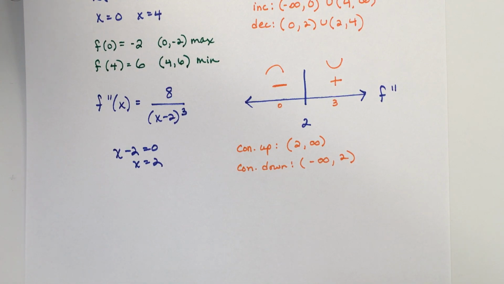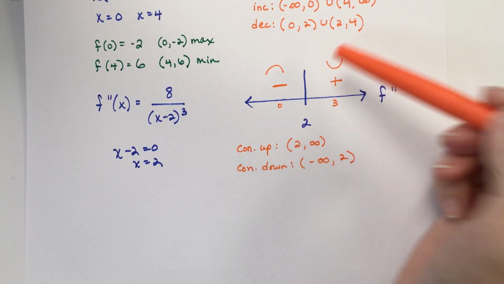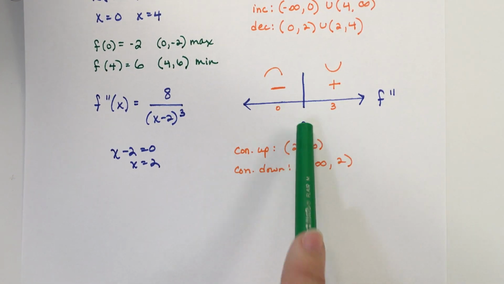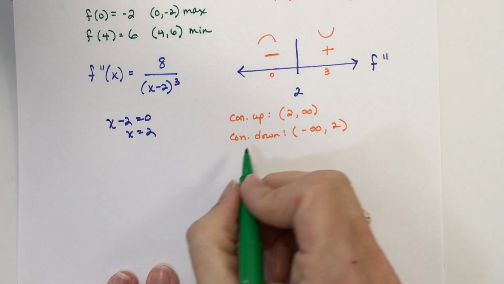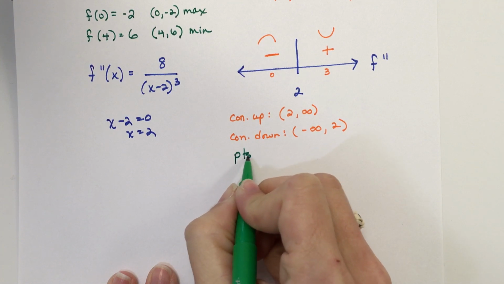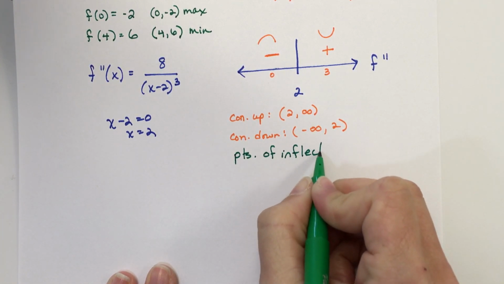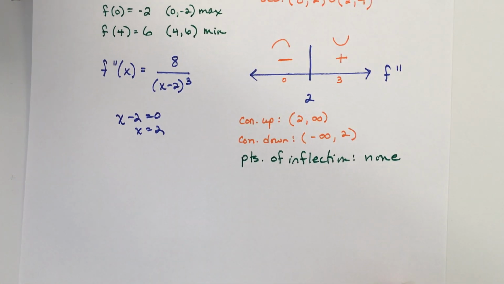Now, usually when you have a change in concavity, remember, is where you have a point of inflection, but my change in concavity is occurring at positive 2, and positive 2, remember, is not in the domain. So with my points of inflection, that's actually going to be none.